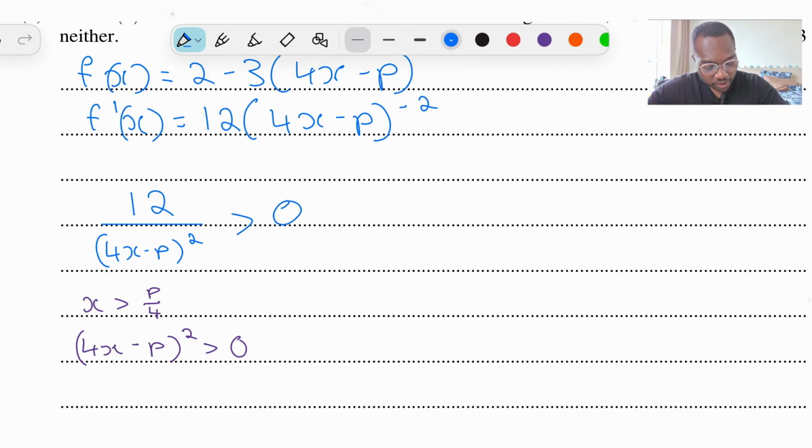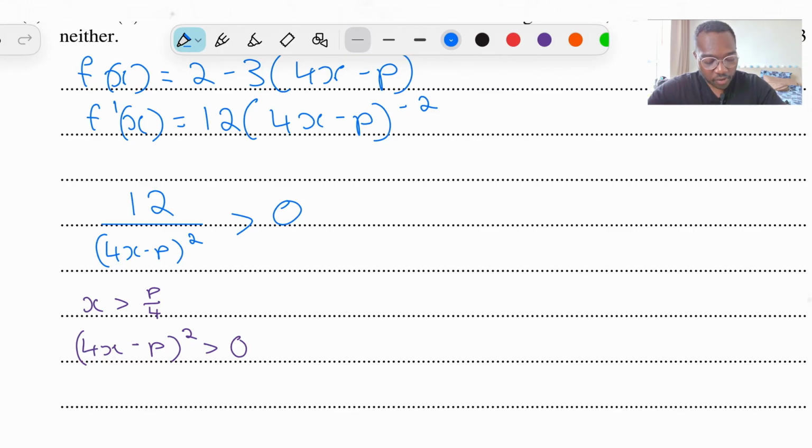Because we know that for when x is greater than p over 4, 4x minus p squared will always give us a positive value, because you're going to square the value anyway, and you can't get 0 because of the whole p over 4 condition. So it'll just be a value greater than 0. Therefore, 12, which is a positive value, divided by a value which will always be positive, is always going to give me a positive value.